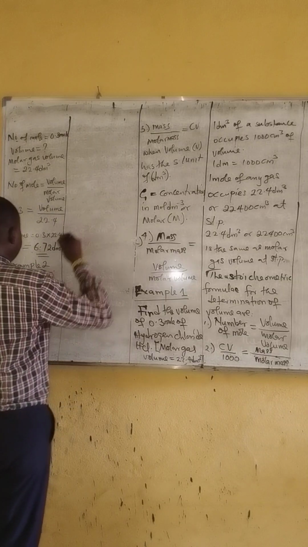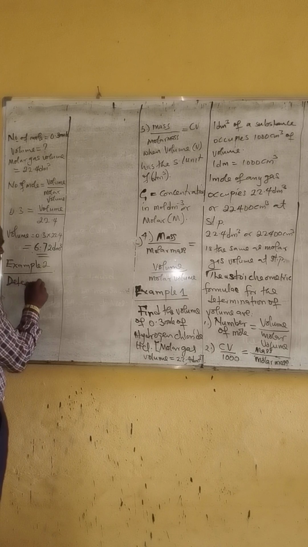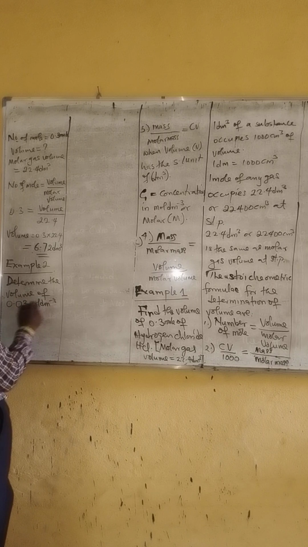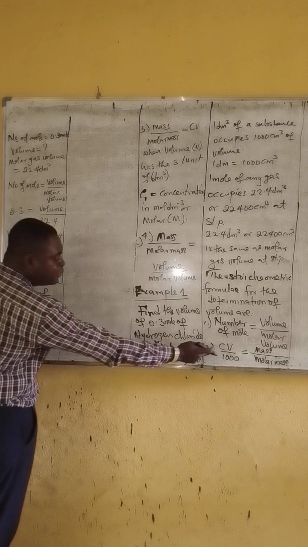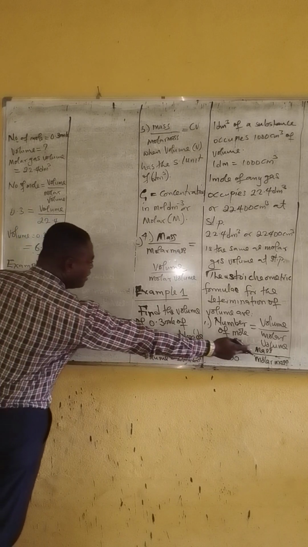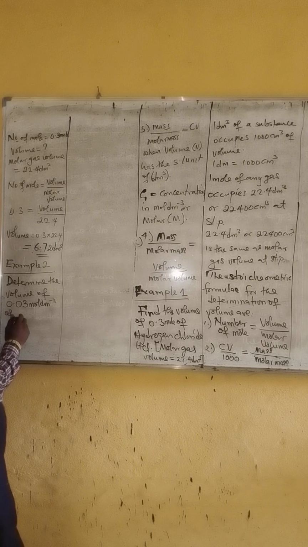You can be asked to determine the volume of 0.03 mole per dm cube. This mole per dm cube is representing our C. So we are looking for this one. So we must also have a parameter that has gram at the back.